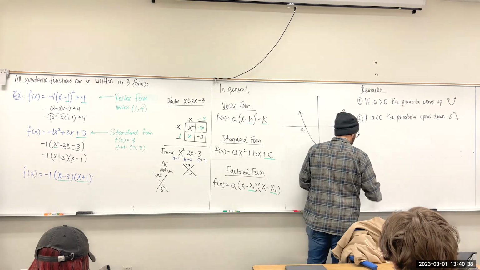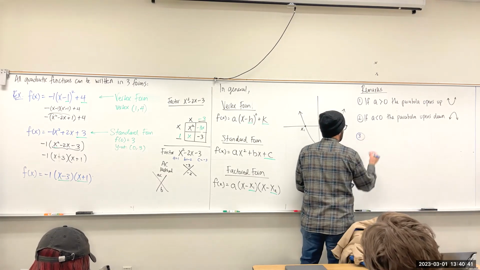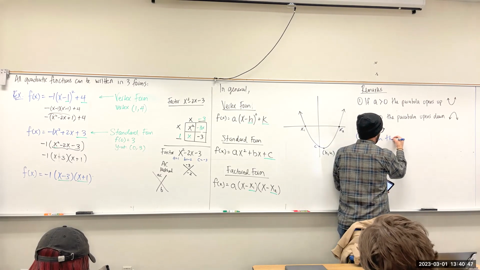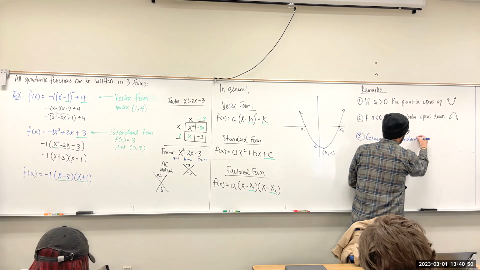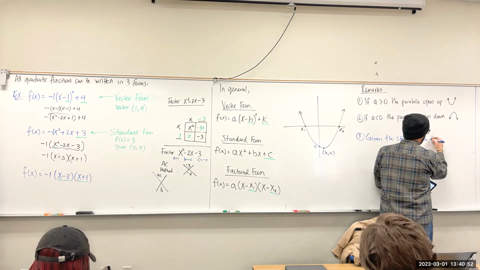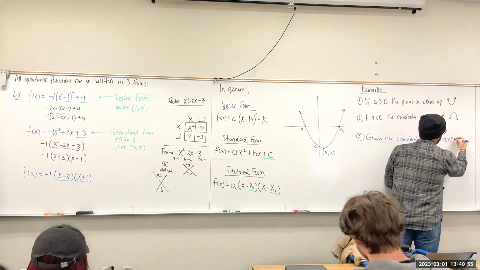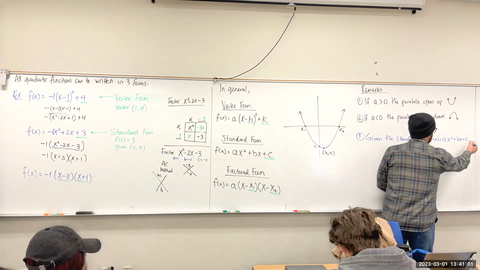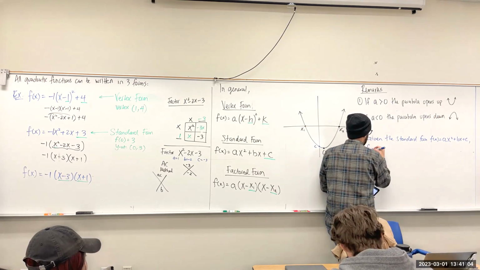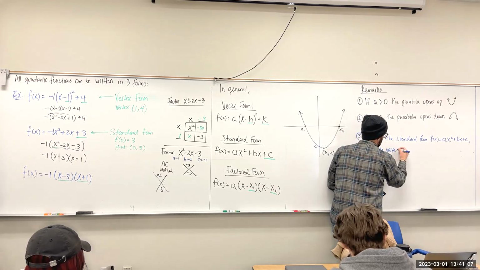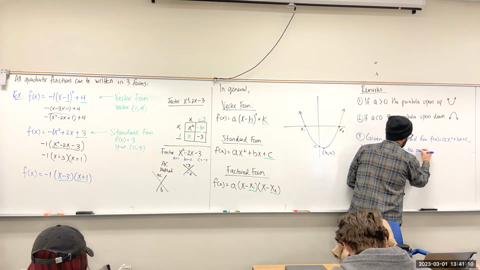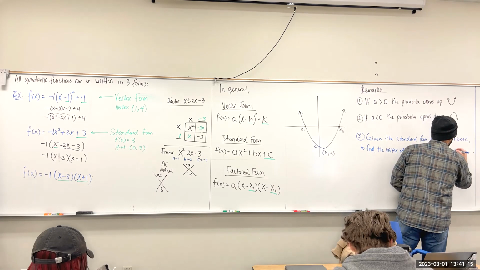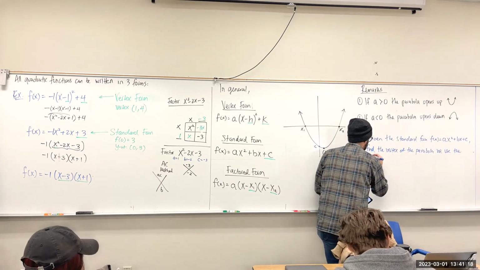And then the third one is going to be very useful. Let me mark that in blue. Given the standard form f of x equals ax squared plus bx plus c, to find the vertex of the parabola, we use what I'm going to call the vertex formula.